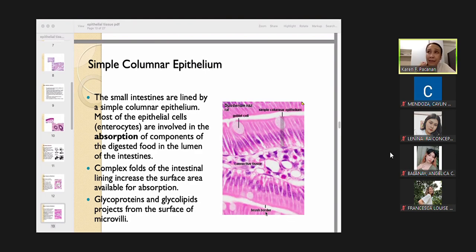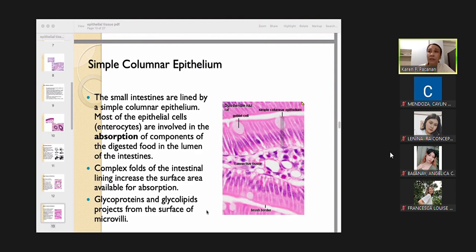So pag naka-encounter ka ng terms na brush or striated border, that would refer to microvilli. Iba rin yung role ng microvilli. These are not considered as motile structures. They would just increase the cell surface area. So that's basically the role of microvilli.